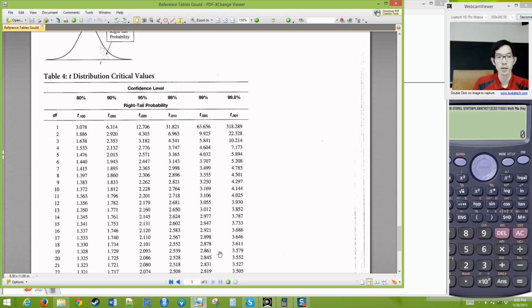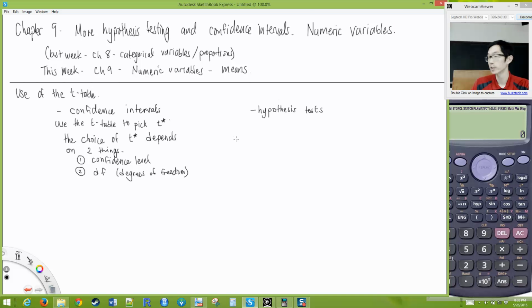Okay, did everyone get that down? Confidence level, degrees of freedom. So we're going to use the t-table to pick our t star. And our choice of t star depends on two things: the confidence level and the degrees of freedom.